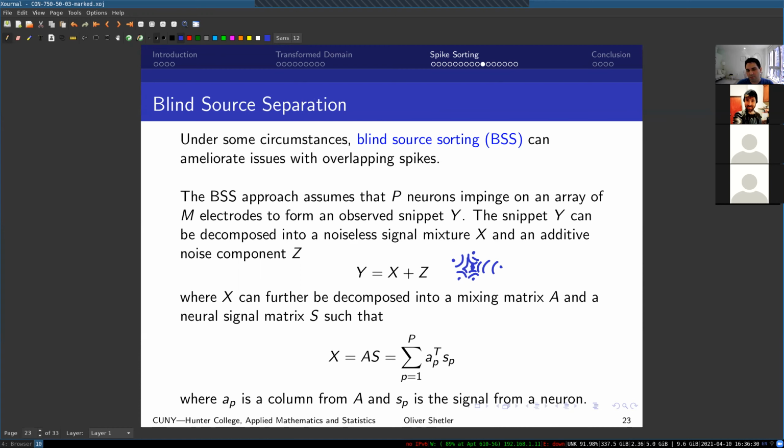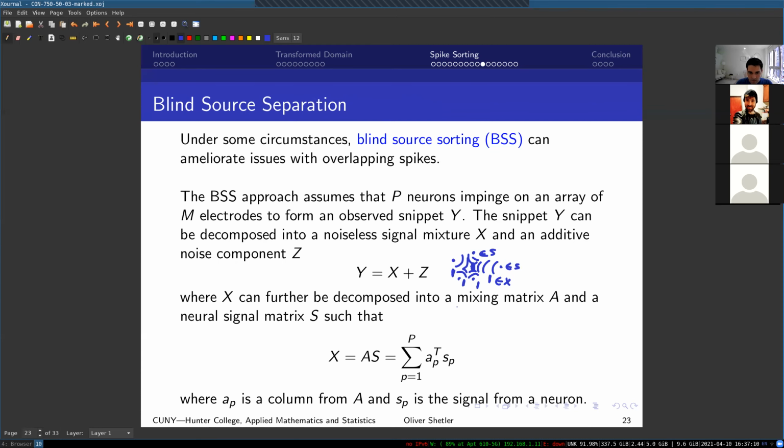So again, suppose we have these guys, which are all elements of S. And then this guy here, as well as some other detectors, those are going to be in X. And what we're basically saying is that there is some signal mixture matrix A that converts the time series associated with all of these neurons that are generating signals into the mixture associated with these various electrodes that might be sitting in the neighborhood of those neurons.